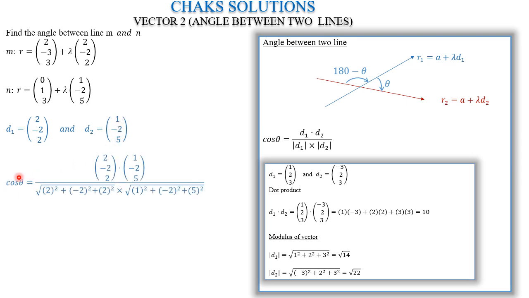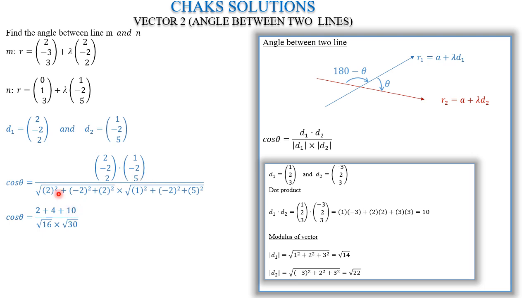Alright, so now cos theta is equal to d1 dot d2 over the modulus of d1 times the modulus of d2. Now we can perform our simplification. The dot product here is very simple: 2 times 1 is 2, plus minus 2 times minus 2 is 4, plus 2 times 5 is 10.